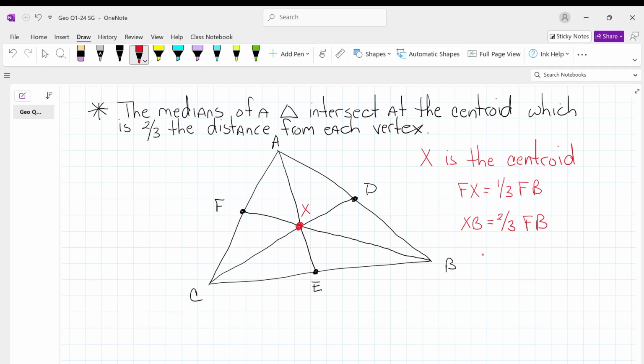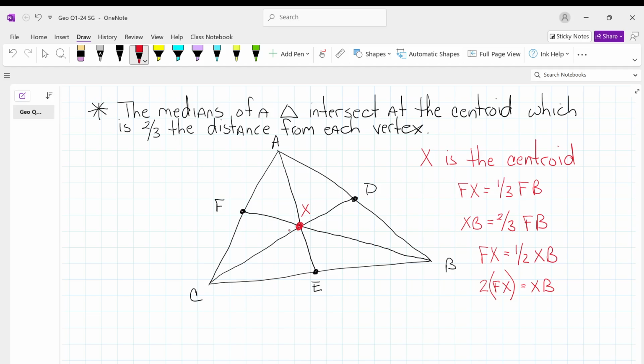F to X is equal to 1/2 XB. All right, so F to X is half the distance that it is from X to B. So if you know X to B, you divide it by 2, that gives you F to X. All right, and then 2 times FX is equal to X to B. And look here, F to X, that's the distance from the side to the centroid.